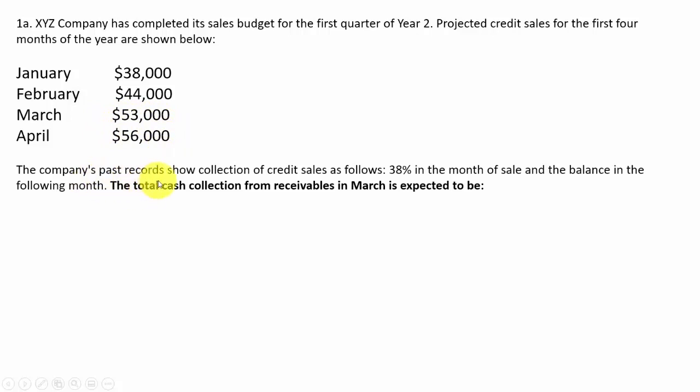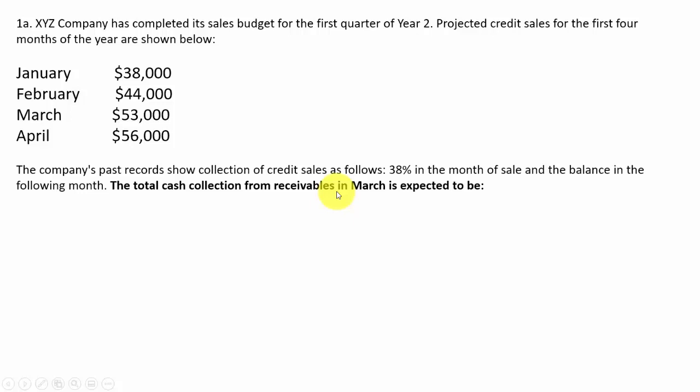The company's past records show collection of credit sales as follows: 38% are collected in the month of sale, and the balance are collected in the following month. So what they want to know here is the total cash collections from receivables in March.